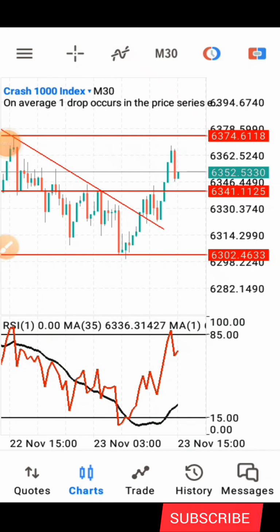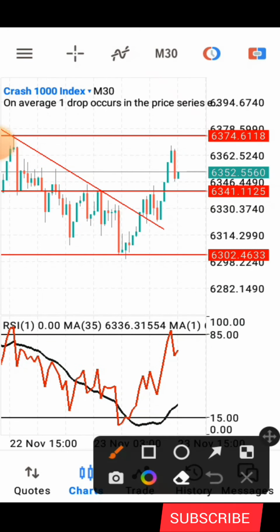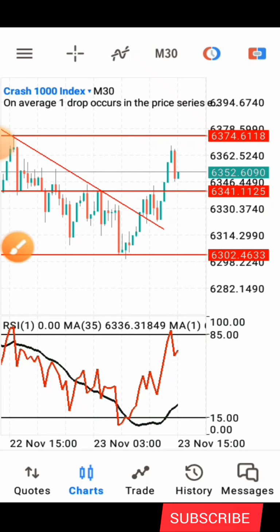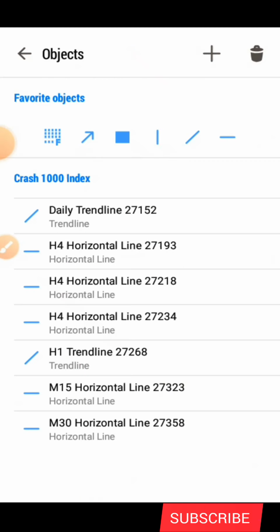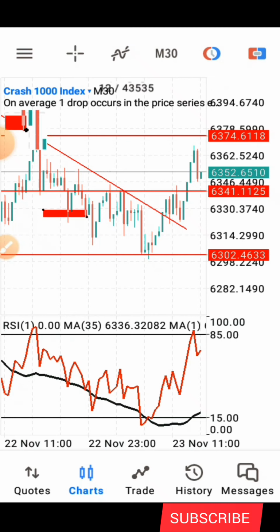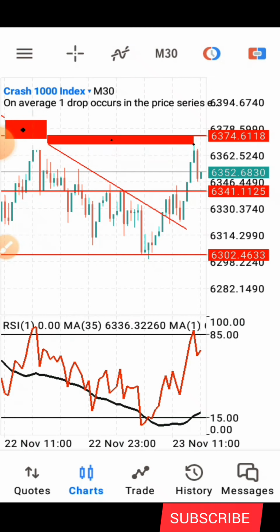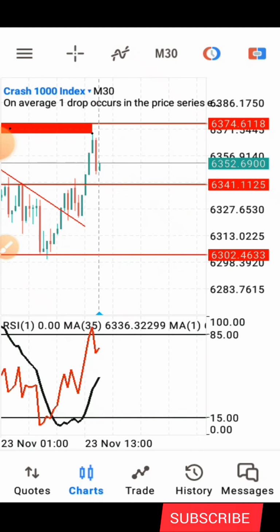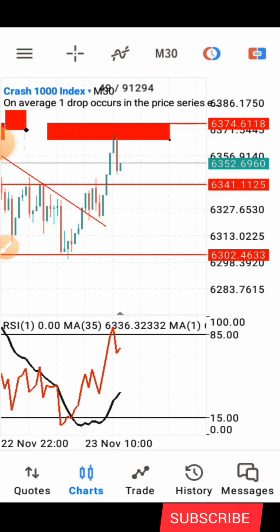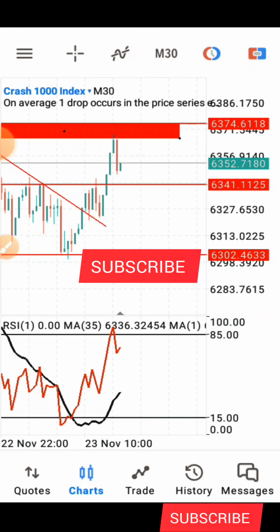As you can see, price is currently on a support and resistance zone, and I think it's heading down right now to the next zone. Let me mark out this zone so that you know what I'm talking about. I can see something here. I told you it's not just a line, it's a zone. This is why price is reversing from this place.